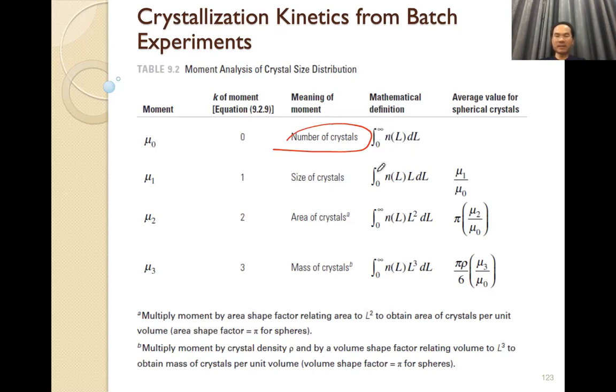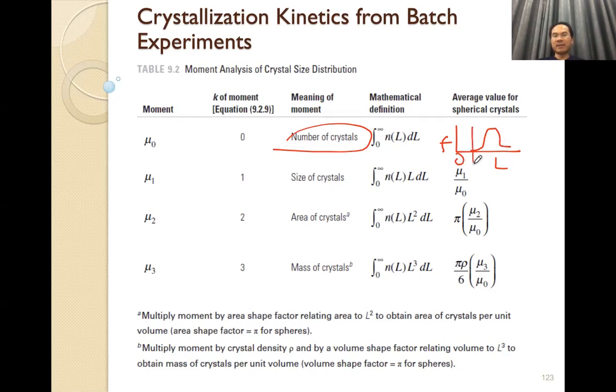Sometimes for the crystallizer, the size may not start from 0, right? And the final size is not infinity. For example, if we plot L and fraction, sometimes the length does not start from 0.